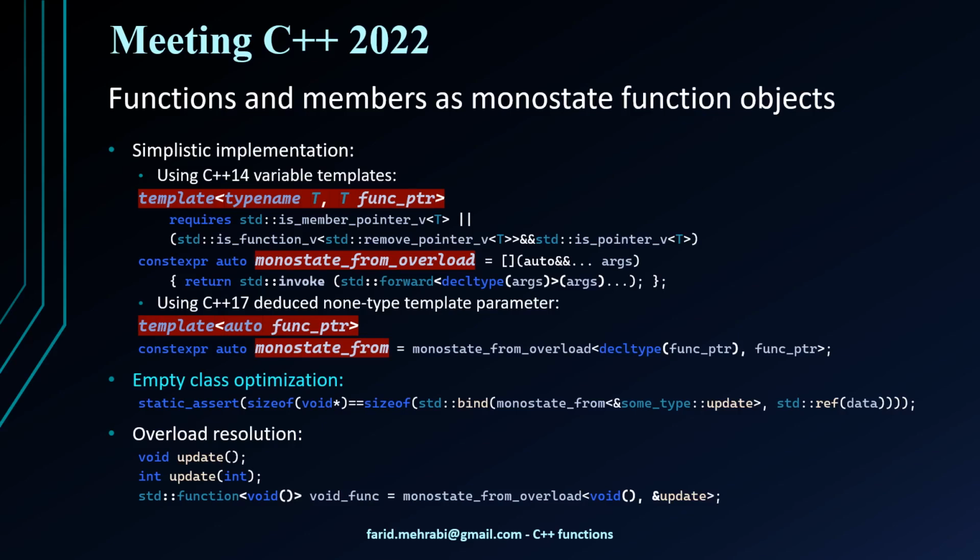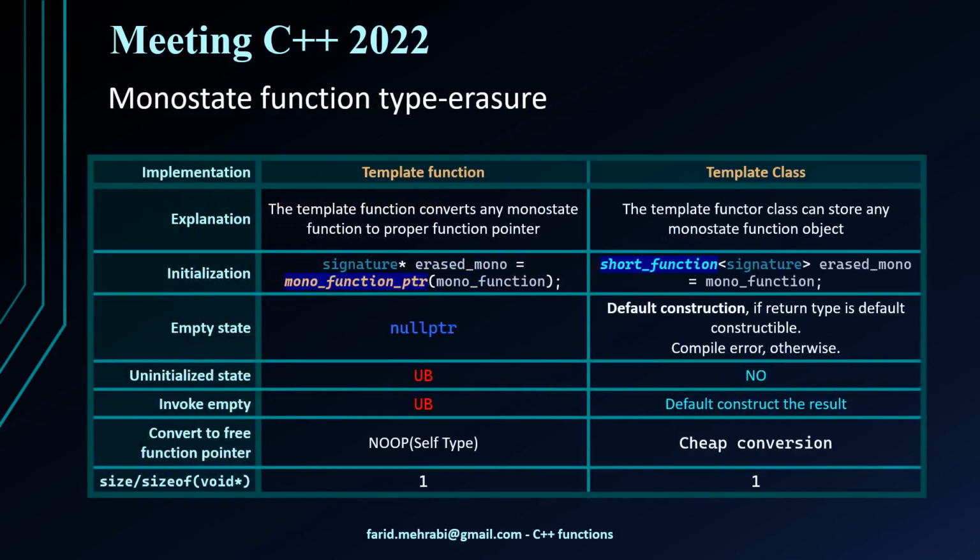Thus, you can see that we can reduce the memory requirements of storing function pointers and member pointers to 0, because the monostate wrapping of the functions and member methods is empty. We can type erase monostate functions of a specific signature in two ways.